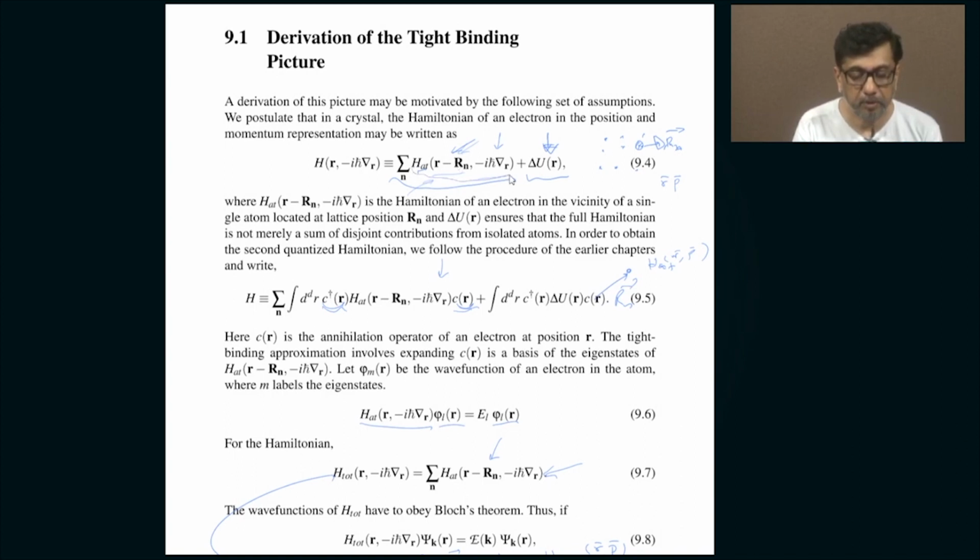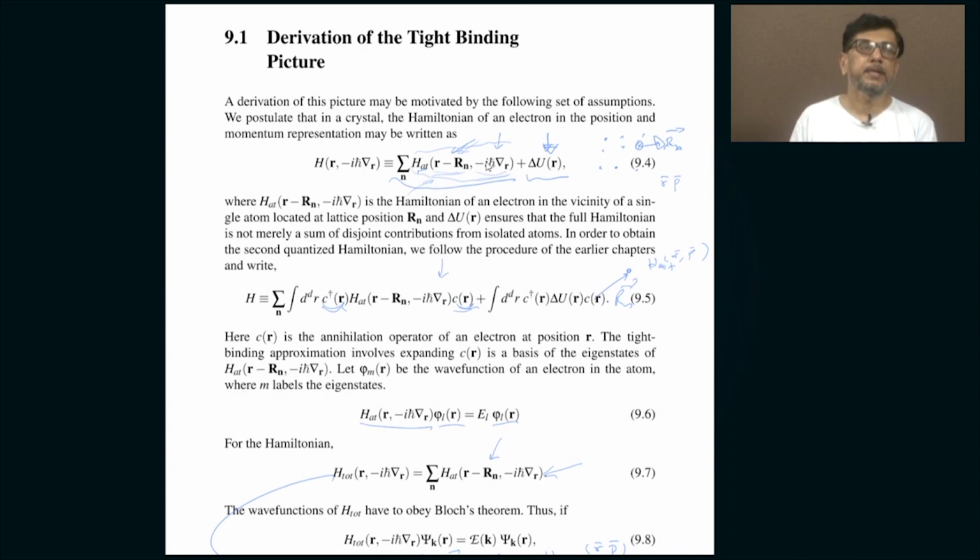If you are talking only about that atom, the Hamiltonian of the electron will depend on the distance of the electron from that atom, r minus R_n, but it will also clearly depend upon the momentum of the electron, which is an operator, minus i h bar grad r. So, this is for an electron which is experiencing forces from that particular atom. Then you have to add up over all the atoms.